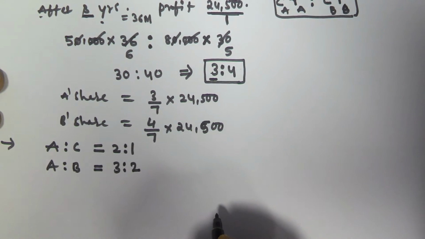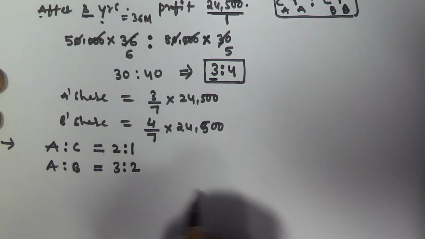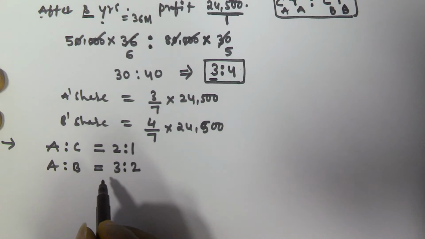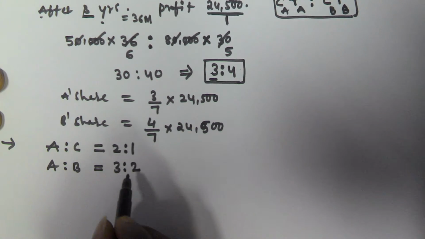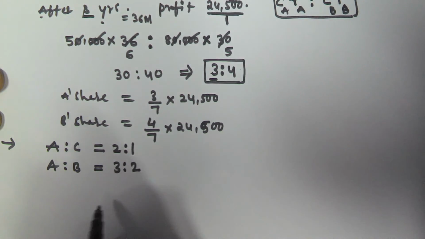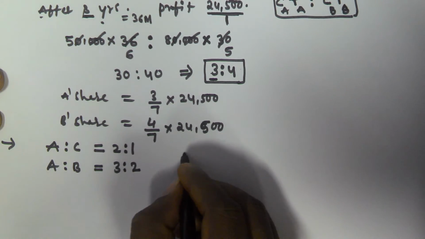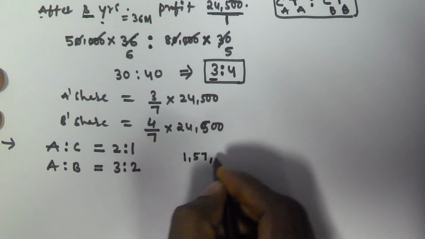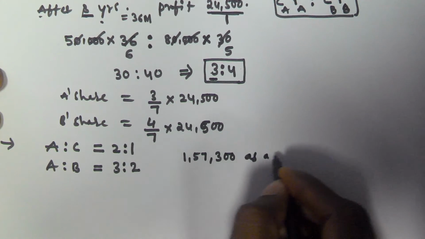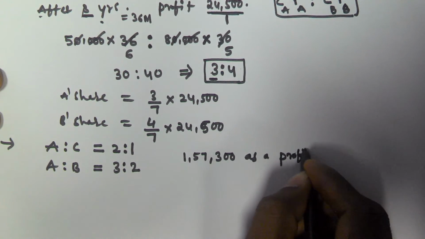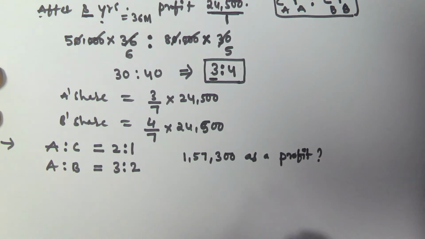And if all three of them invested for the same period of time, and they got 1,57,300 as a profit, we have to find the shares of A, B and C.